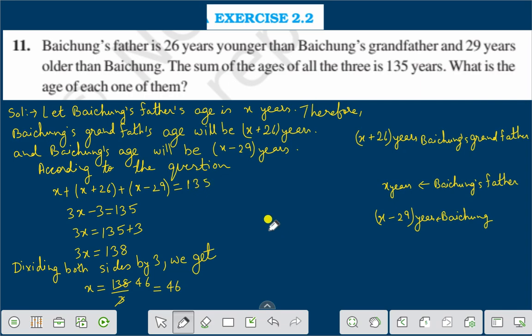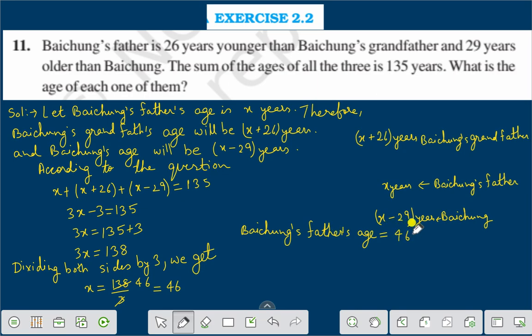Now we'll get Baichung's age. Baichung's father's age is X years, and that is equal to 46 years.